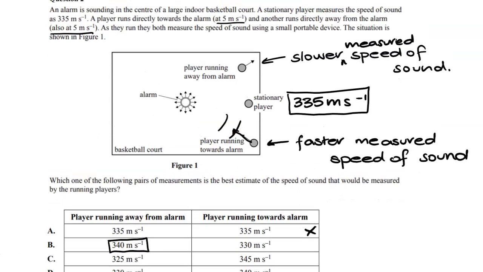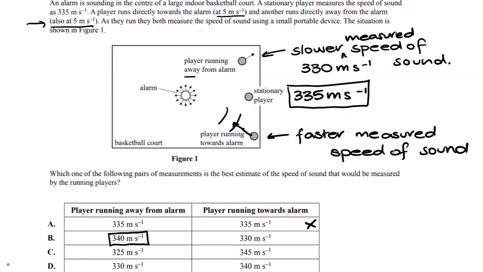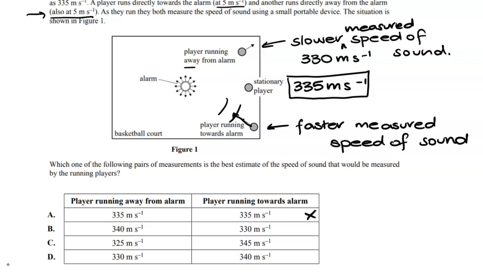So let's be a little more specific here. When we say a slower measured speed of sound, the person running away from the alarm is traveling at 5 meters per second. So that means sound is going to appear to be 5 meters per second slower. So the speed of sound measured by this person is only going to be 330 meters per second. Oops, I circled the wrong one when I looked at this the first time.